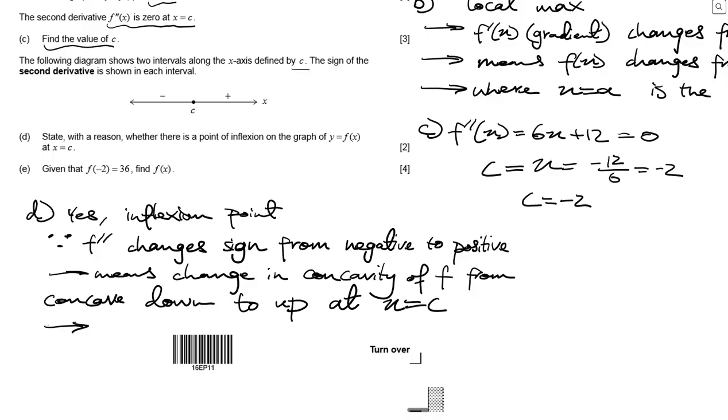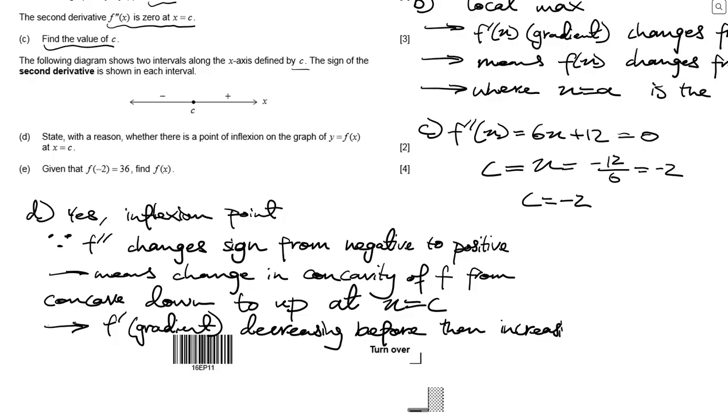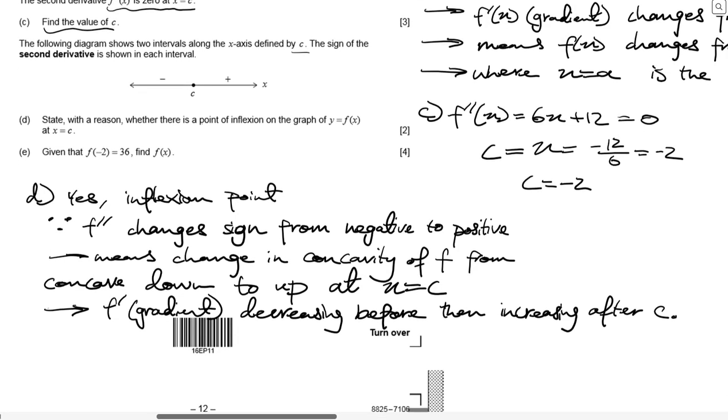And we can even talk about the gradient, similar to what we did here. We can say f prime, the gradient, is decreasing before, then increasing after c. And so either one of these explanations would work.